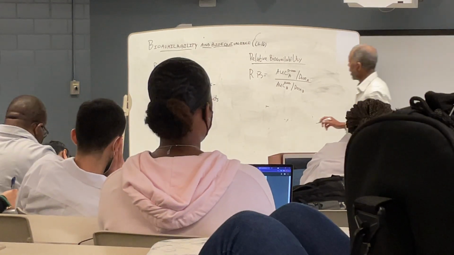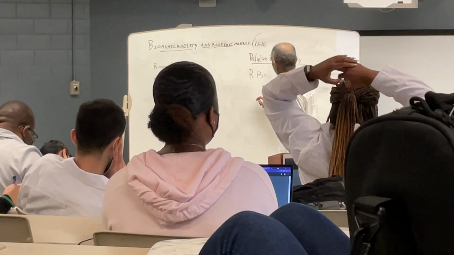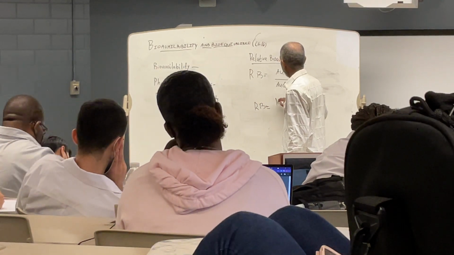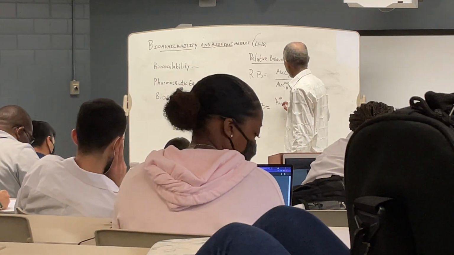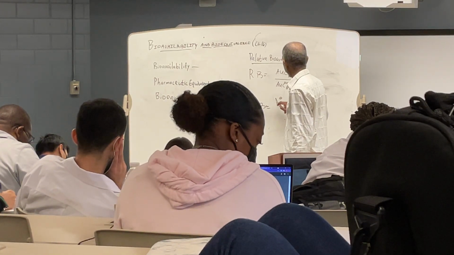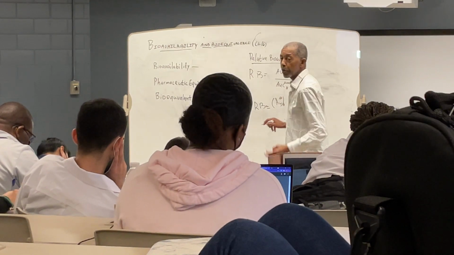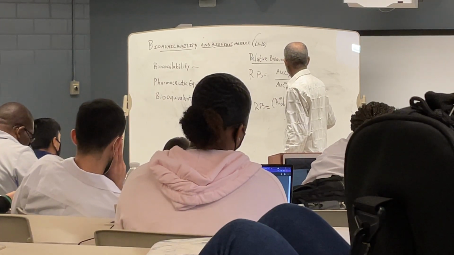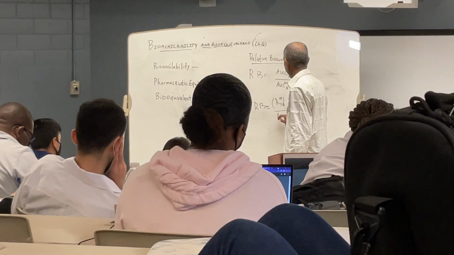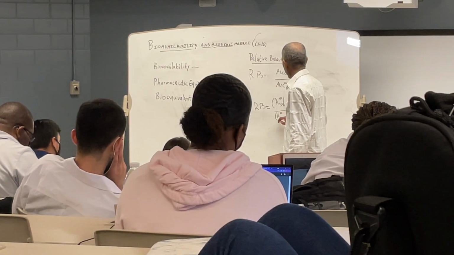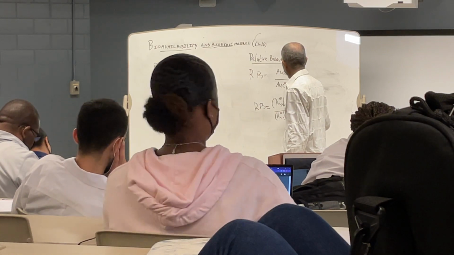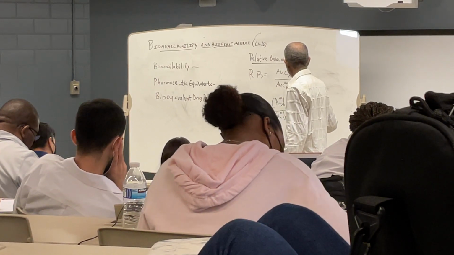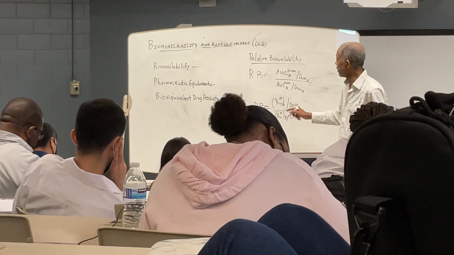We can also calculate relative bioavailability using urinary excretion data, and that's just equal to the AU infinity value for drug product A. AU infinity now is the cumulative amount of drug excreted in the urine, okay, over the dose of drug product A. And that's all divided by the AU infinity value for drug product B, which again is the reference standard, divided by the dose of drug product B. This is urinary excretion data.